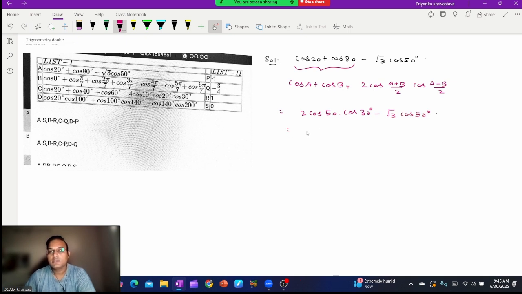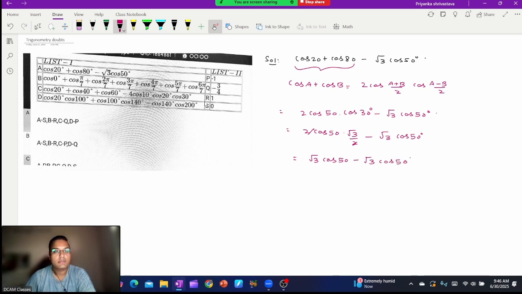Now cos 30 is root 3 by 2, so this will cancel: root 3 cos 50 minus root 3 cos 50.